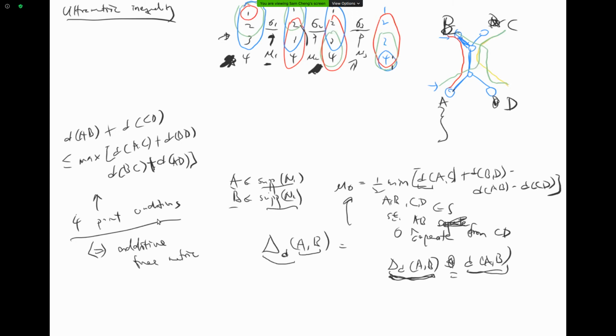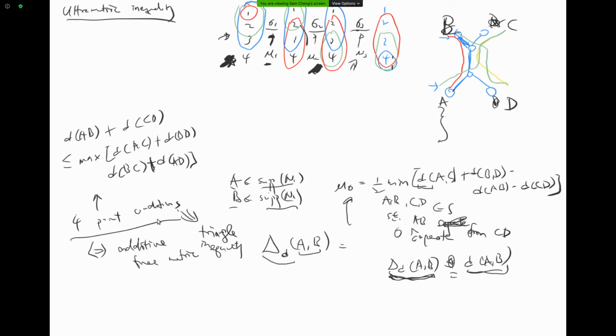It's probably not sufficient to say, but this 4-point condition also implies the triangle inequality that is required in a metric, as you can see very easily. For example, the triangle inequality says that D(A,B) should be less than D(A,C) plus D(C,B), something like that.